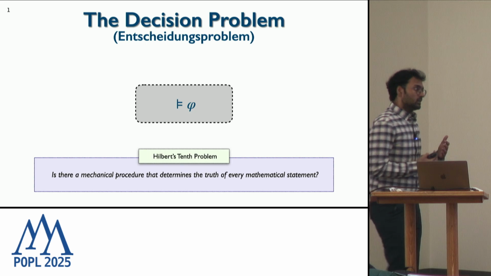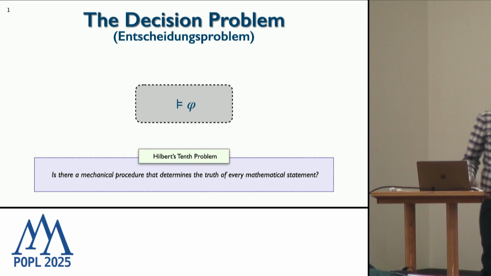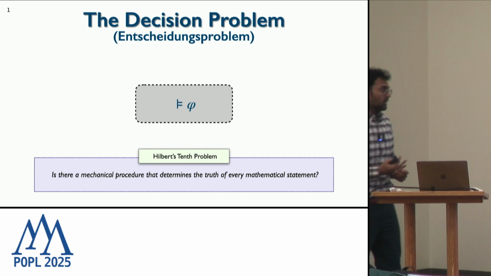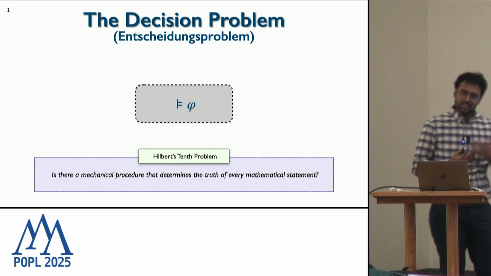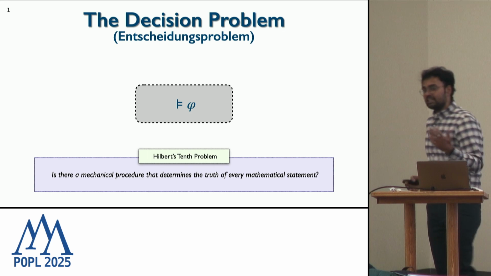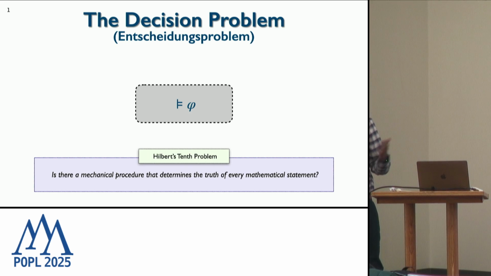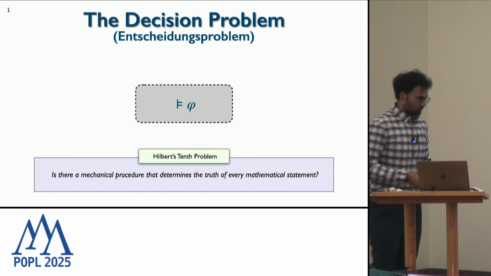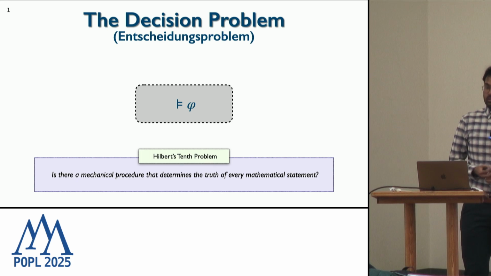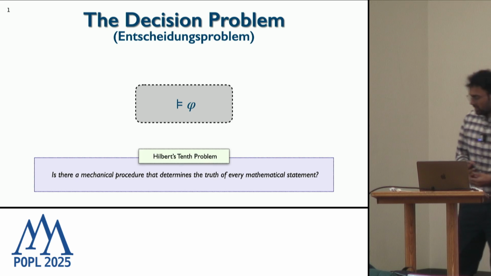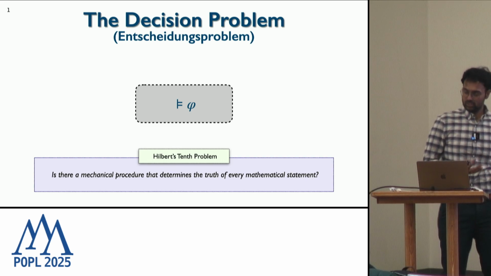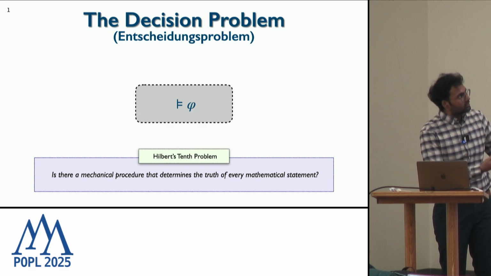In fact, Hilbert, in his list of many problems, the 10th problem, which is one of the most famous problems, asks if you can come up with a finite axiomatization for the set of all valid statements in mathematics. And to have such a mechanical procedure, you basically need to solve this decision problem.